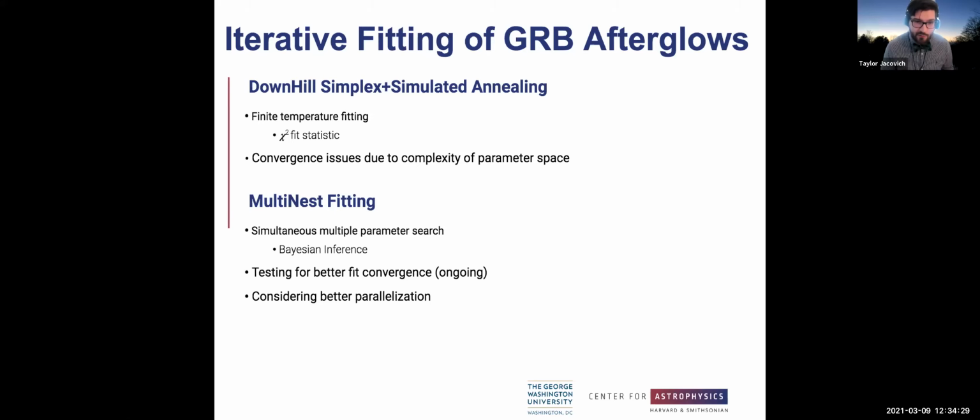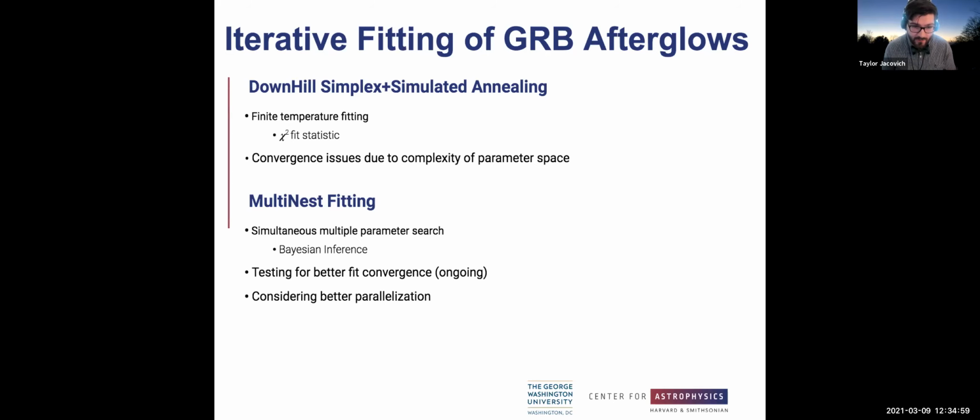So we very recently moved on from this fitting to a fork of boxfit that uses multi-nest instead of the downhill simplex method. This is a fairly recent development, so we've been doing some work testing it versus the older method of fitting in boxfit to understand how it changes things. It seems to do a better job of converging, but one problem we do have is that an individual fit iteration takes longer.